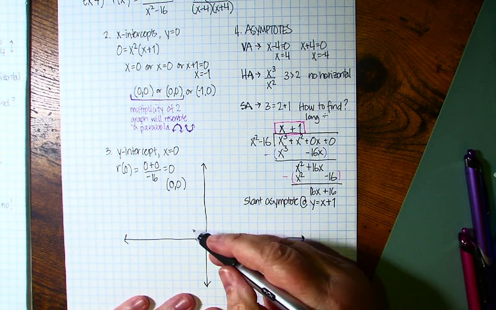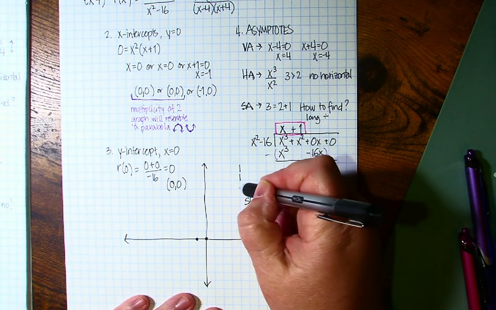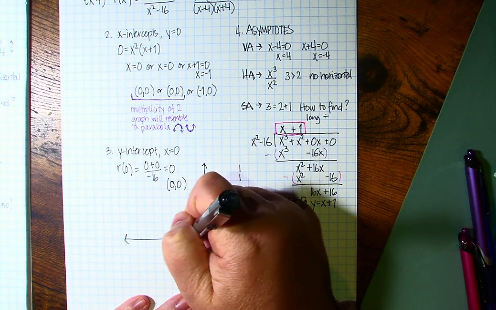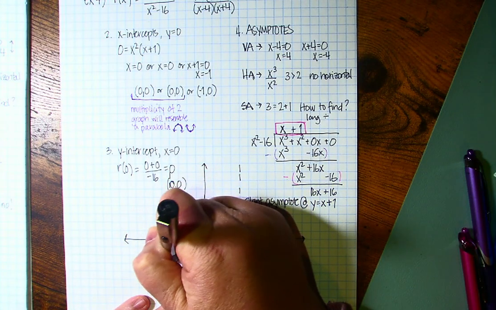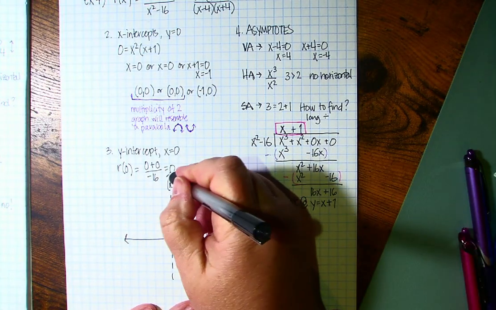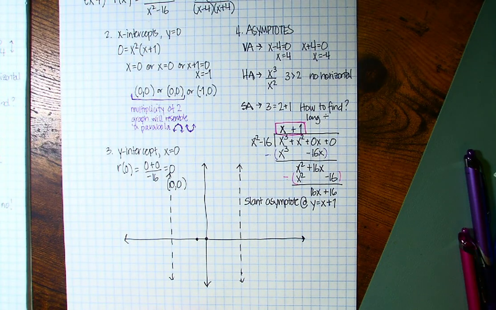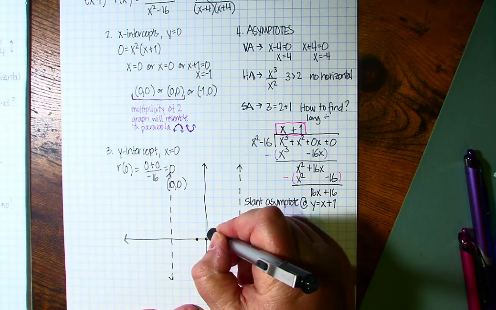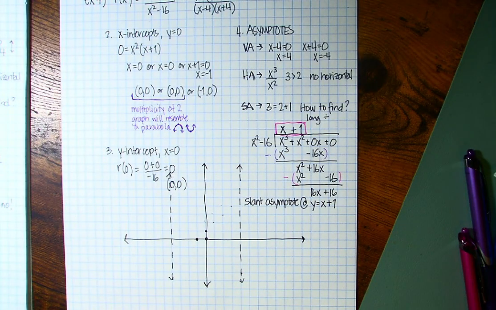I don't have a separate y-intercept because that's at 0, 0. I've got asymptotes at x equals 4 and x equals negative 4. I'm going over my own work, but we get it. And I have a slant asymptote at y equals x plus 1. Using y equals mx plus b, that's a plus 1, where I go up 1 over 1 for my slope.